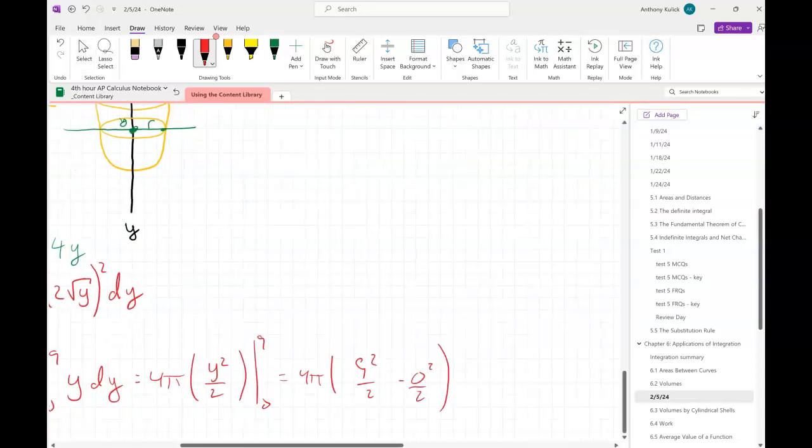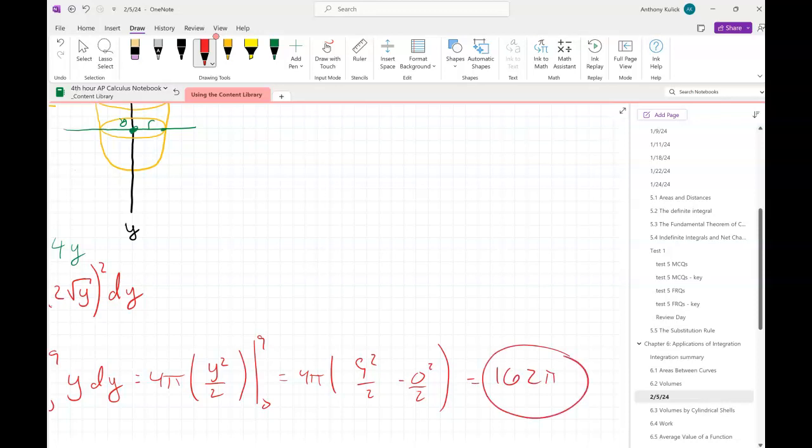So 81 times, well, if I multiply the 4 in, the 2's cancel. 81 times 2 is 162. So I did the antiderivative, and then we plug it into the antiderivative, the upper minus the lower.